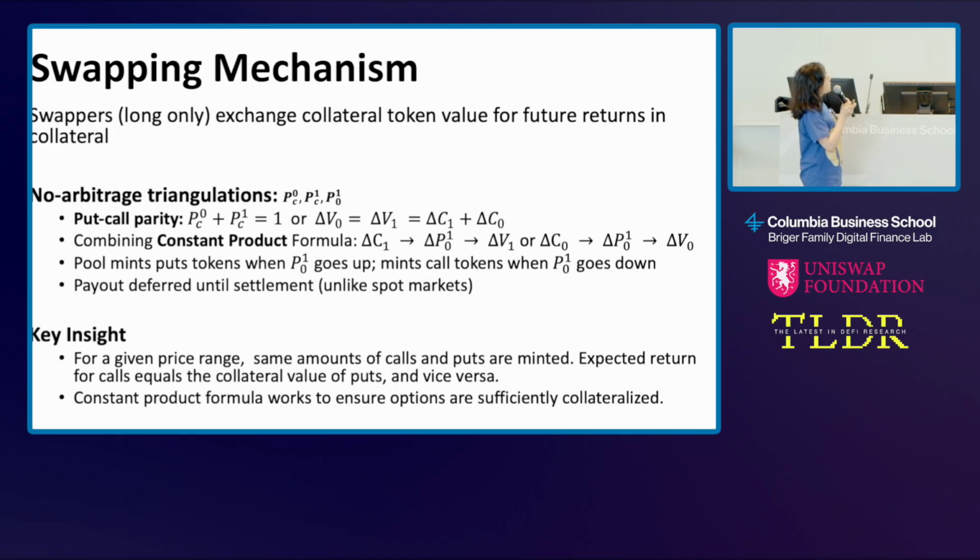The process goes from a collateral token delta to a price delta, and the delta of the options tokens that we would mint from the pool when the swap happens. The constant product formula in this case will not only ensure that the collateral token and options tokens are swapped, but also that the options are sufficiently collateralized.